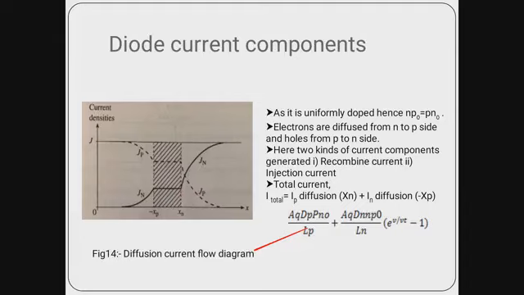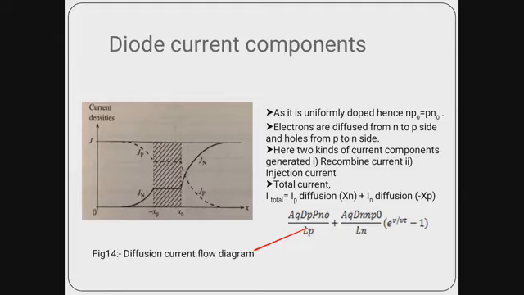Now first we take IP diffusion when x is equal to xn. In that case, the quantity would be A q Dp pn0 divided by Lp.